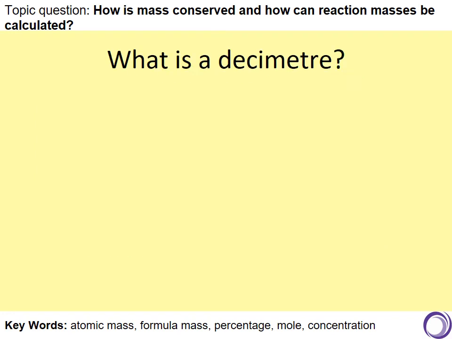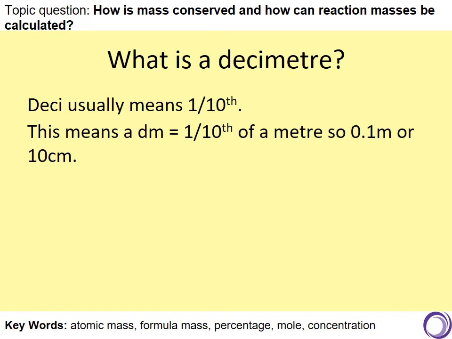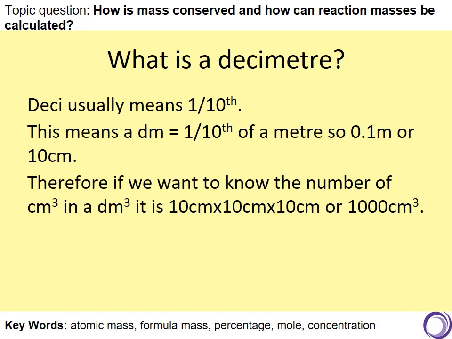So what is a decimetre? Well, deci usually means 1/10, and if we had a decimetre, 1/10 of a metre or 0.1 metre is 10 centimetres. But if we wanted a decimetre cubed, then the number of centimetres cubed in a decimetre cubed is 10 times 10 times 10, or in other words 1,000 centimetres cubed.